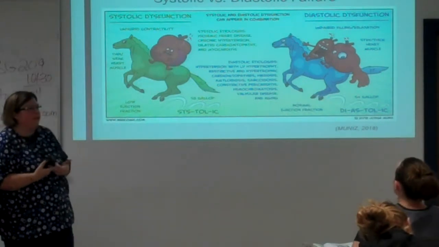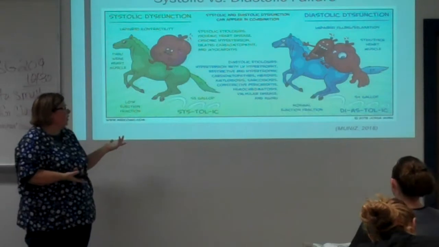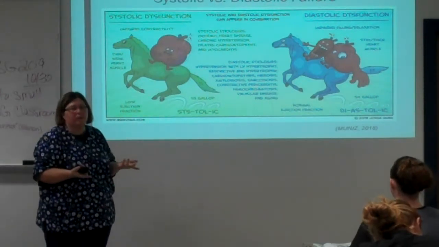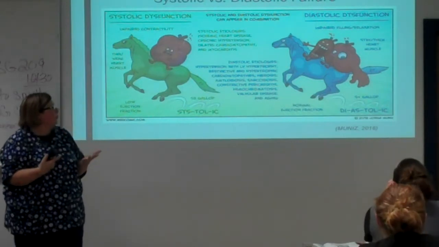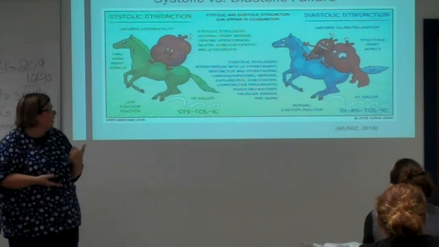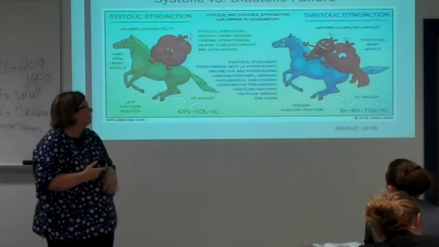The heart muscle is going to be thin and weak, and you're going to have a low ejection fraction. It can be caused by ischemic heart disease, chronic hypertension, dilated cardiomyopathy, and myocarditis, which is inflammation of the heart muscle.